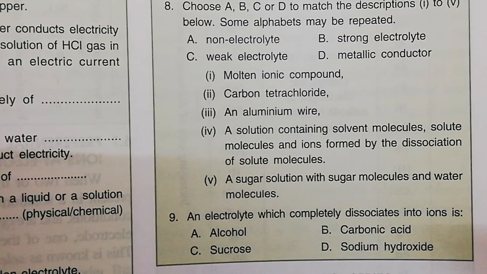So you all have to go through all these in-text questions. Okay, and if any problem arises, I will definitely help you. So in this unit, it is only up to this. In the next unit we will discuss the next part of this chapter, that is electrolysis. Okay, bye.